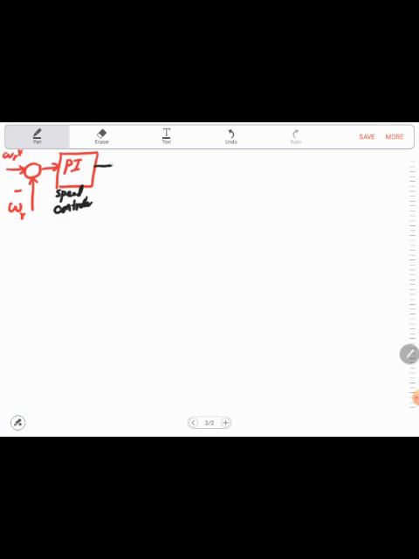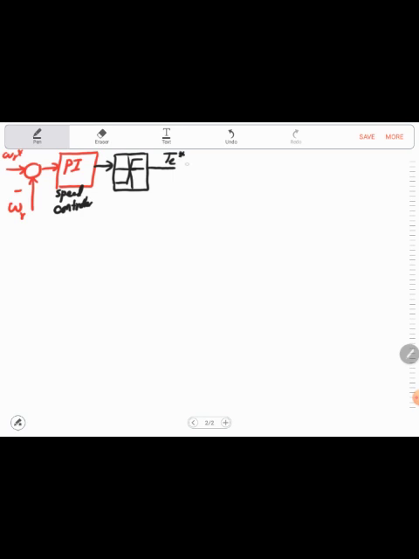After that we can use saturation, and the output of the speed control is torque. Actually it's proportional to the torque, so this is TE reference.